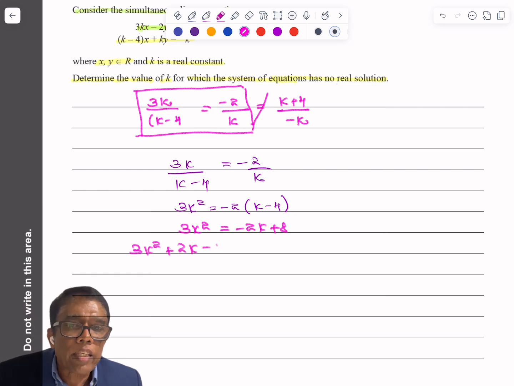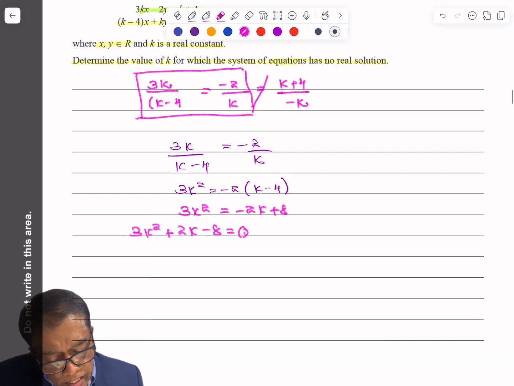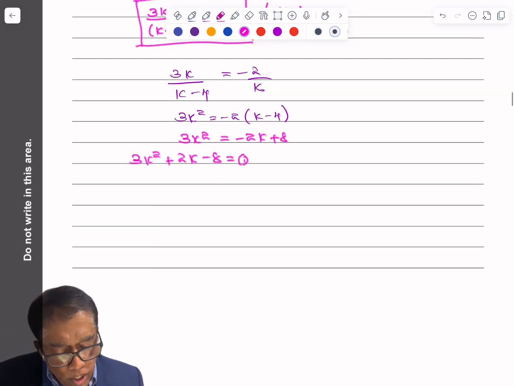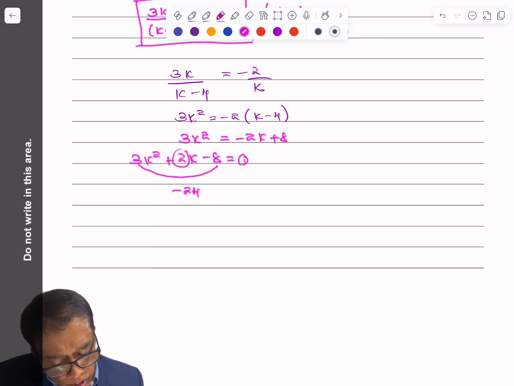Now we have to factorize this quadratic. 3 times negative 8 is negative 24. What are the factors of negative 24 that make 2? It is 6 times negative 4. 3k^2 plus 6k minus 4k minus 8 is equal to 0.